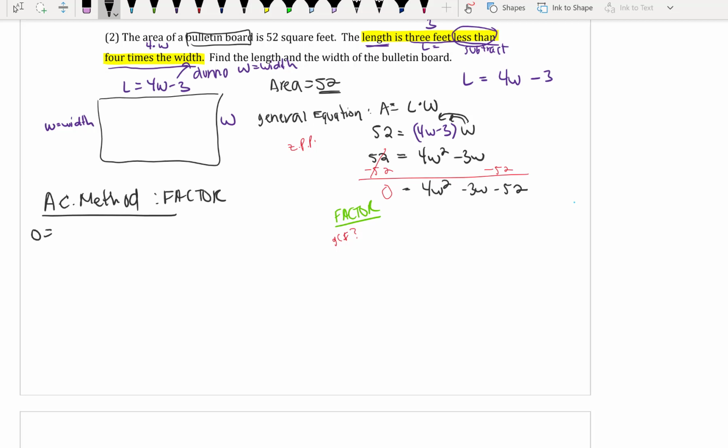So we have that 0 is equal to 4W squared minus 3W minus 52. So from here, my A value is 4, B is negative 3, and C is negative 52.